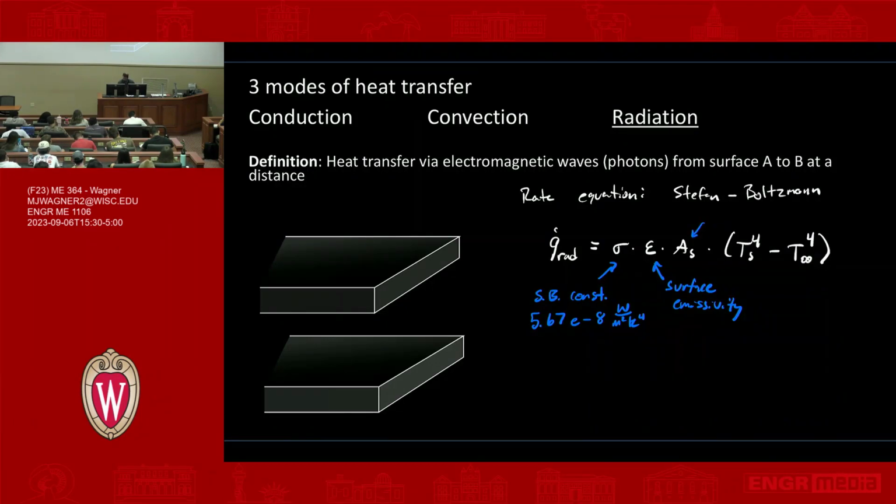AS is the surface area of the emitting surface. Okay, again in meters squared. TS is surface temperature.